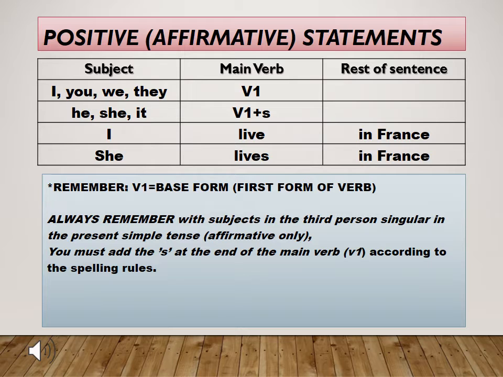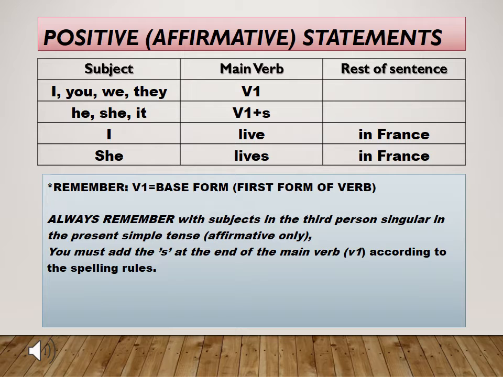In the first one, I have written I, you, we or they and used the base form of the verb. And in the second column, I have written he, she, it and used the main verb with s. You can also see the examples that I have written.